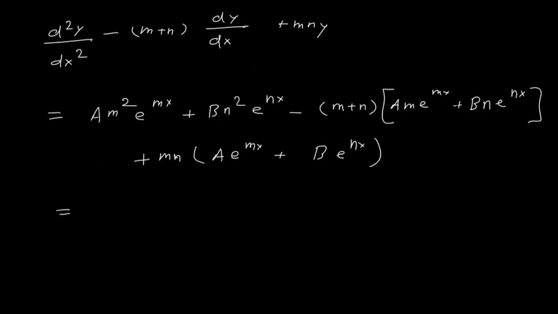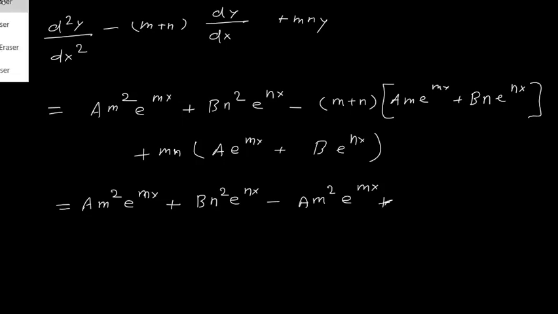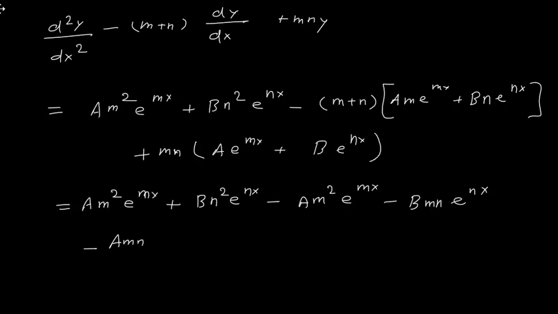So let us expand it. We have this a m square e power mx plus b n square e power nx minus this m I will multiply, so it is a m square e power mx, minus b m n e power nx, then again we have minus a m n e power mx, and then minus b n square e power nx.